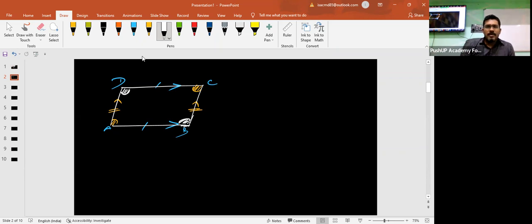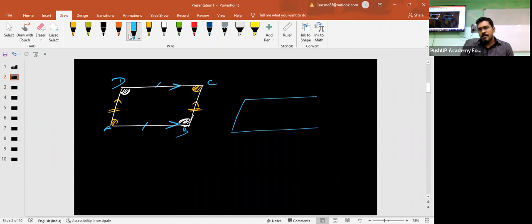Now, one more important concept. Suppose ABCD is a parallelogram. I am extending this line AB further, say for example, BE.